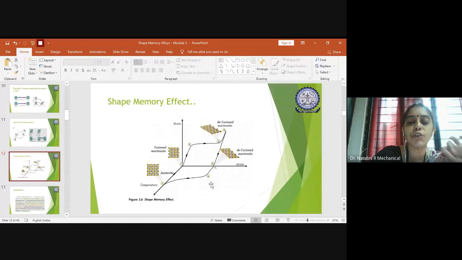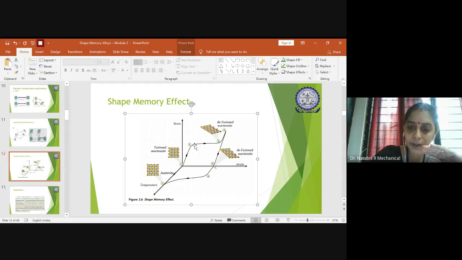Initially the stress, the strain and the temperature will be zero, right? Then you subject it to the temperature and mechanical loading, which results in the first twinning of the martensite at room temperature. Then you gradually increase, and the stress increases. Once the stress is constant, you stop increasing the temperature and hold it constant. Suppose it is 100 degrees Celsius, you will maintain the same 100 degrees Celsius until you get the required strain deformation in the plastic stage.